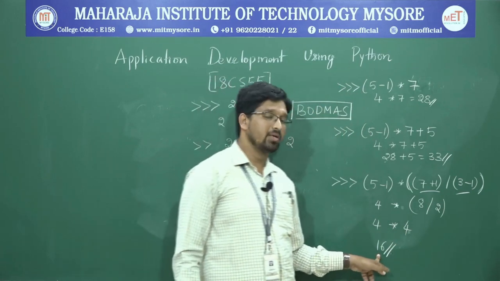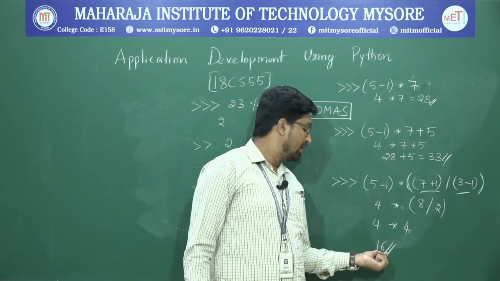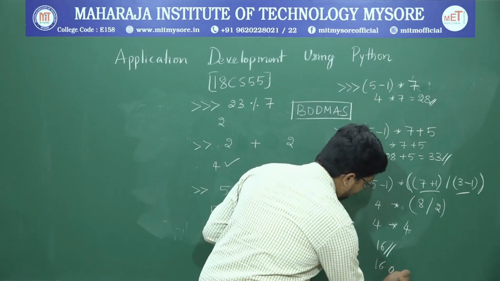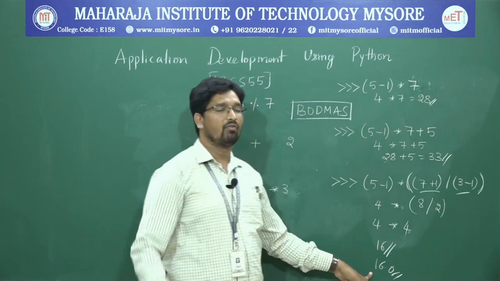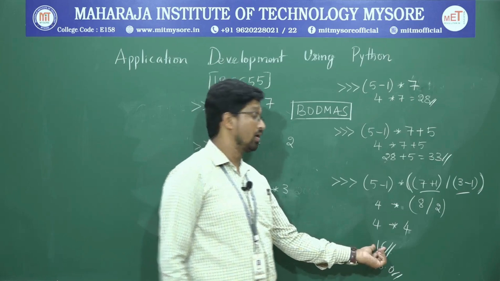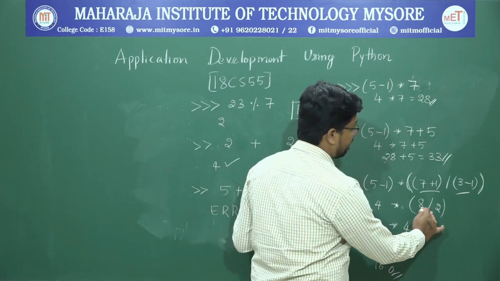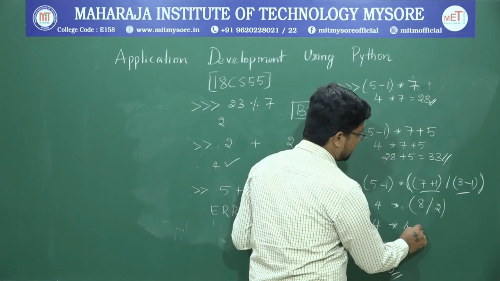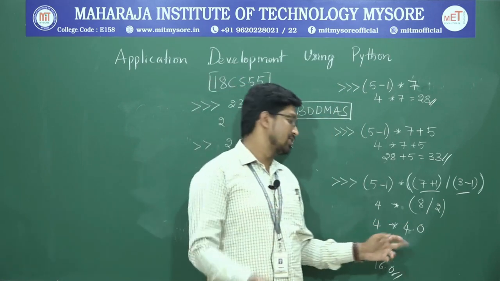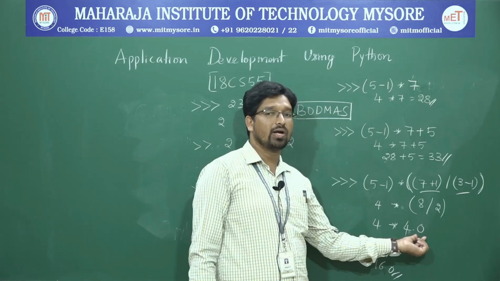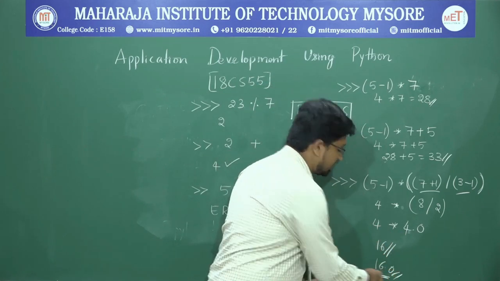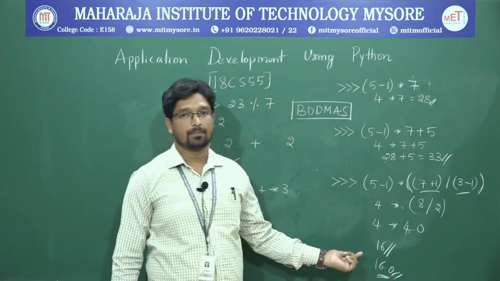But here the problem is you won't get a value like 16, you will get 16.0. We will learn in the next lesson why we got 16.0 and why it is not 16. When you have a division operation, the result will be a floating value, meaning a decimal point, and a fractional part 0 gets added. Then 4 into 4, which is 16.0, is the answer.